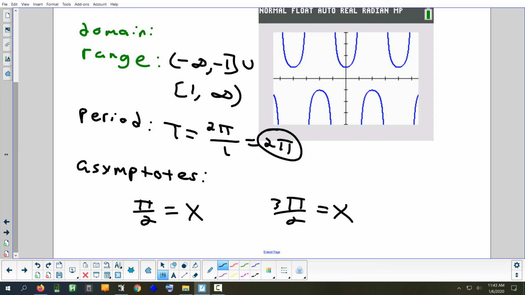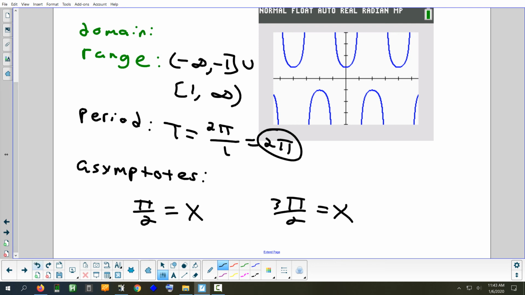Now, Brianna, if I want to solve this first one for X, what do I have to do to get X by itself here? X already is by itself. The problem would have been if the argument was like a 2x. If you had something like that, then you got a little work to do.